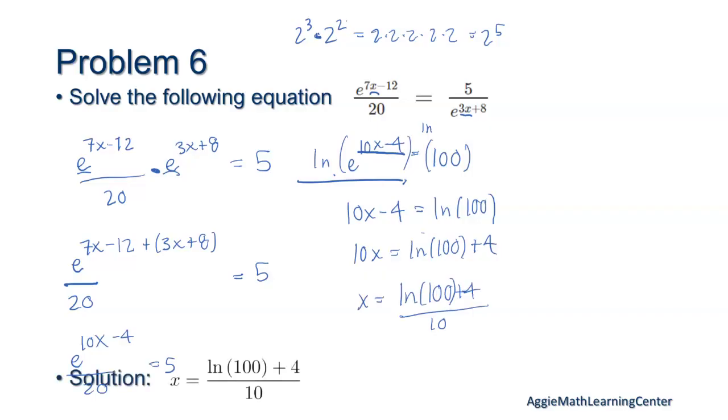So on the CBE, just read through the question on whether it asks for a decimal approximation or if it asks for the exact value. Yeah, if it asks for the exact value, you can leave it like this. You don't have to do anything else. And you would type that in your calculator like this, just practicing the parentheses. Open parenthesis, ln, and it kind of gives you the automatic parentheses for whenever you have a log, plus 4, close parenthesis, divide by 10.